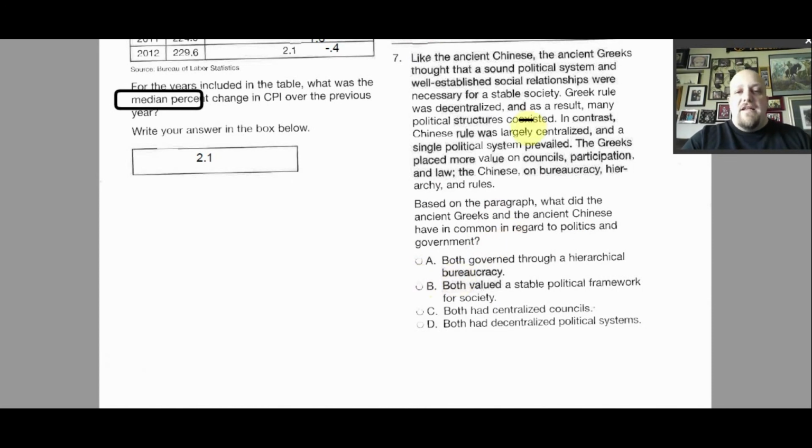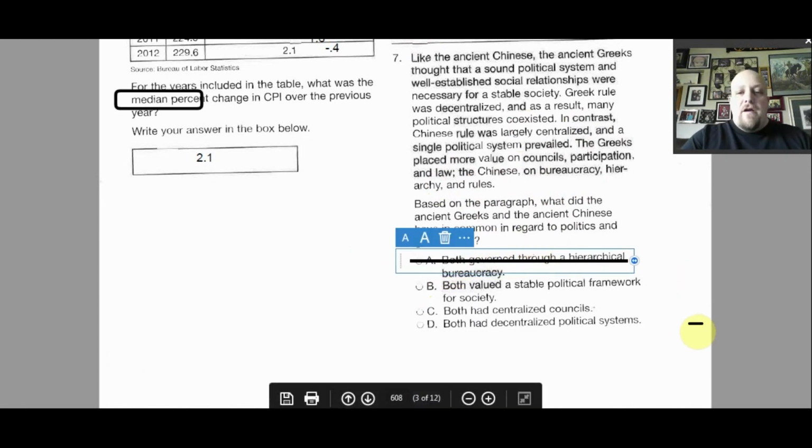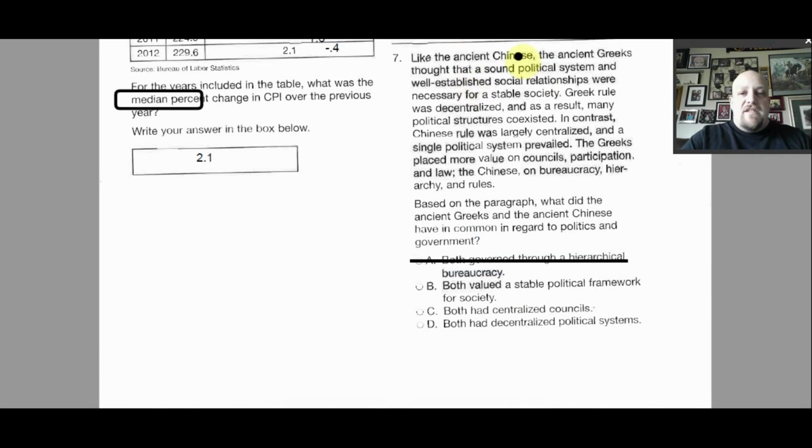So if you read this, it says the Greeks placed more value on council, Chinese on bureaucracy and hierarchy. So we can go ahead and black that one out because that's not true. So then we look at the next one. Both valued a stable political framework. Well, that's kind of the first sentence they have up here, is that both the Chinese and the Greeks thought a sound political system and well-established society were necessary for a stable society.